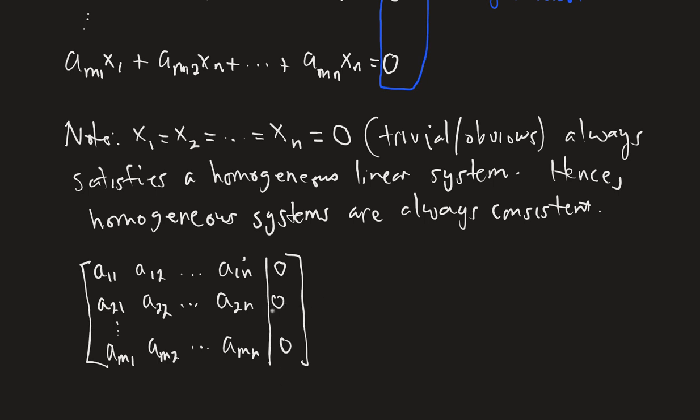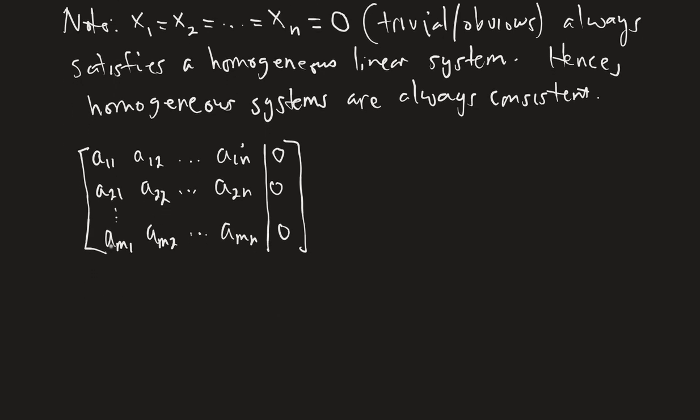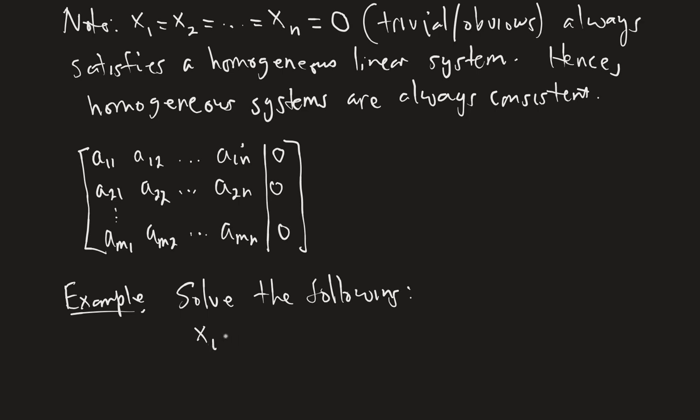So let's take a look at a specific example, and we could go ahead and use our Gauss-Jordan algorithm to figure out what the solution is. So let's do an example. Solve the following, and let's do one where we have 3 variables but just 2 equations.